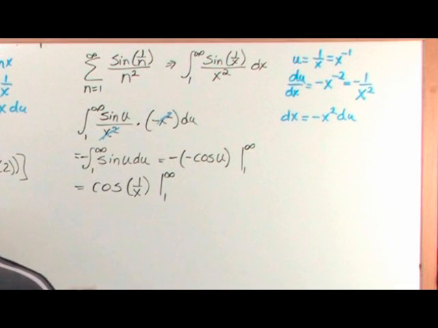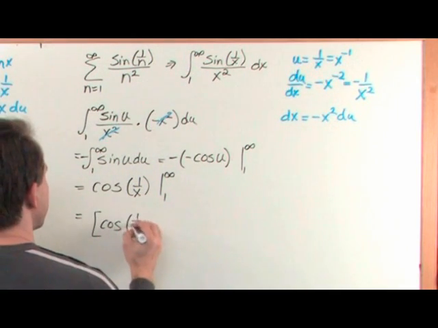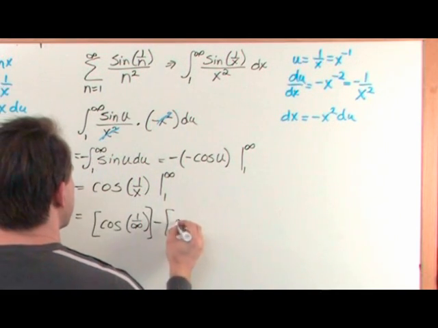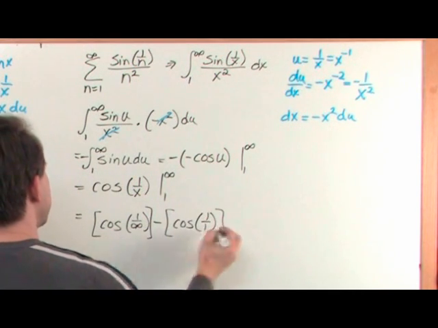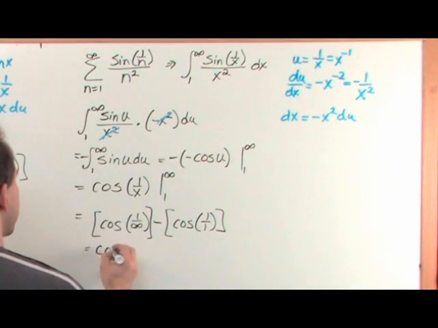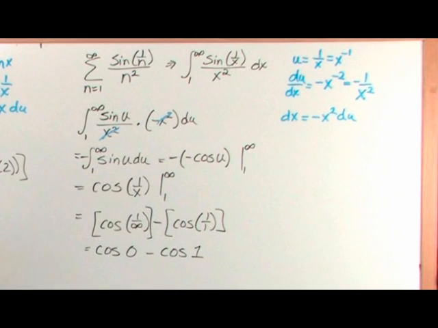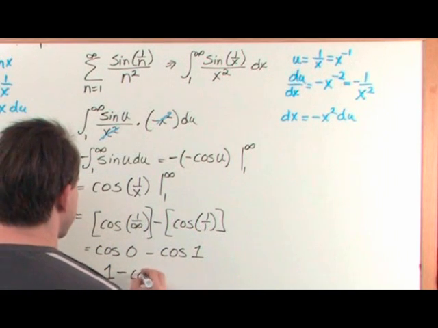So I'm going to have cosine of 1 over infinity, plugging in the infinity, minus cosine of 1 over 1, plugging in the 1. What is 1 over infinity? It's cosine 0 minus cosine of 1. Cosine of 0 is equal to 1, minus, what is cosine of 1?